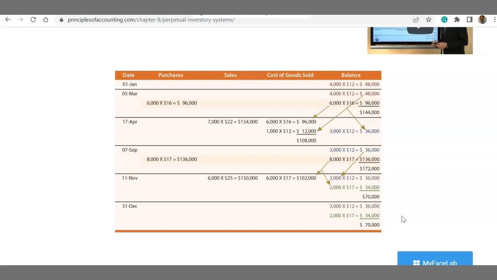So you purchase less and you sell more. In that case, you are selling the old LIFO layers, which we call LIFO liquidation. If you do LIFO liquidation, that means you are liquidating your cheap previous layers of inventory. In that case, you probably have high income compared to a regular year.